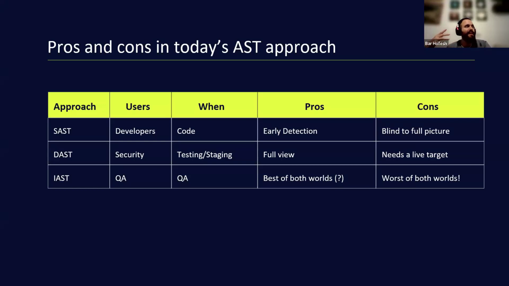And then based on that, it will generate the findings and all of the risks that it thinks that you have. So when you think about it, it sounds like the best of both worlds. You have the live running application information. It also does introspection, so it can point you to the code. The thing is that you also get the worst of both worlds.